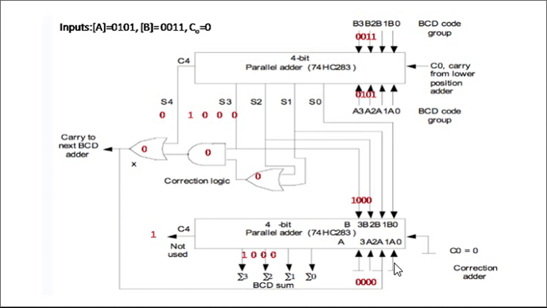That's why all are 0 by referring to this diagram. Then after doing the final summation, it is 1000. In this way we have to do the addition.